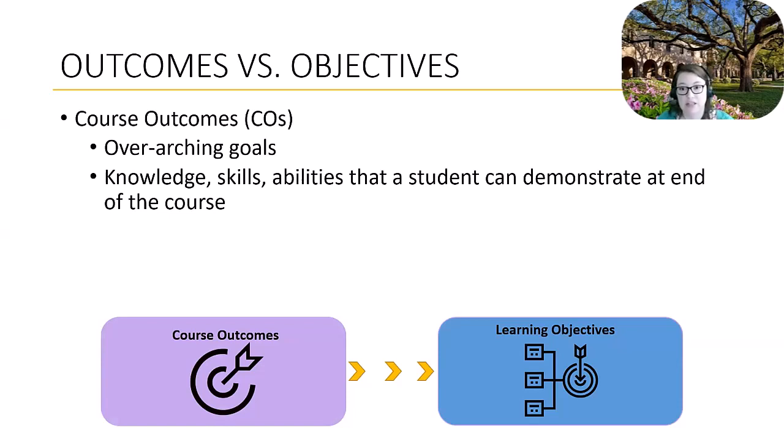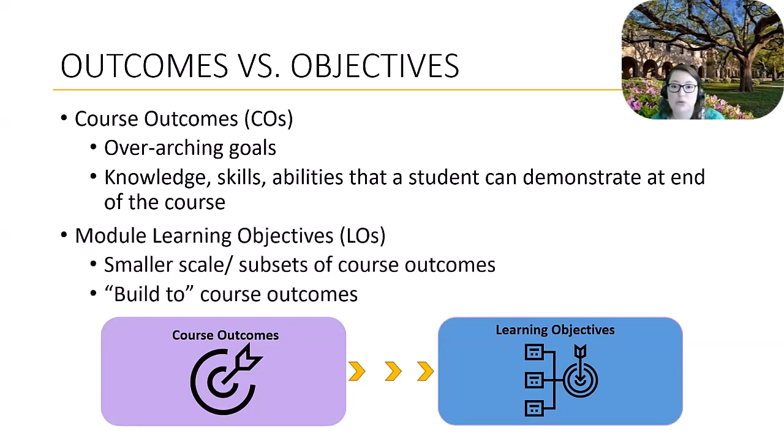They describe the knowledge, skills, and abilities that students will be able to demonstrate at the end of the course. The module learning objectives are smaller scale. They describe small, discrete skills, so they're subsets. Think of those as the building blocks used to produce whatever is used to demonstrate mastery of the outcome.